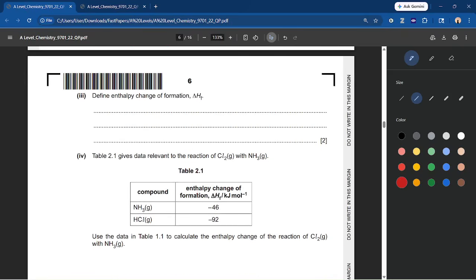Definition. Definitions are very easy marks. Let's be sure that we don't make any mistakes when we're solving this, because these are marks that we can't afford to lose. I'm just going to write it. There's nothing to explain over here.